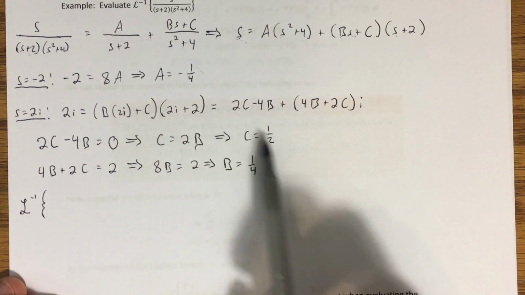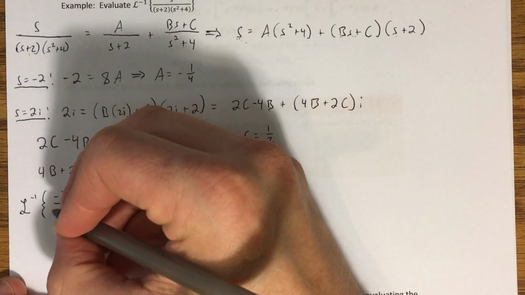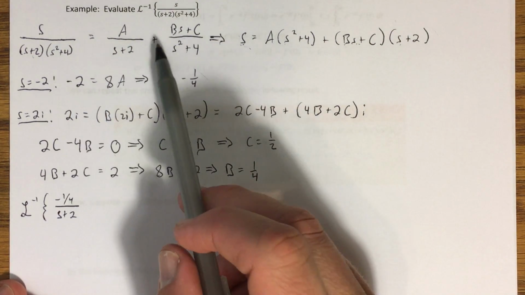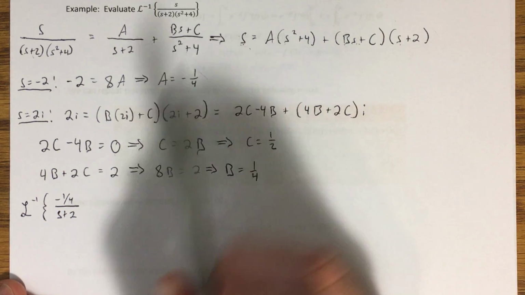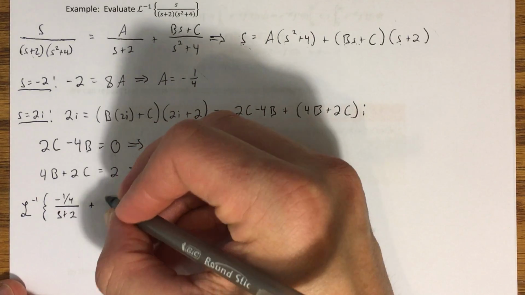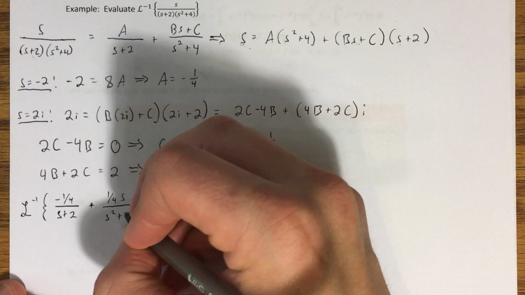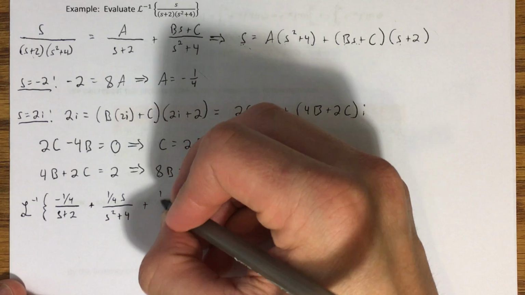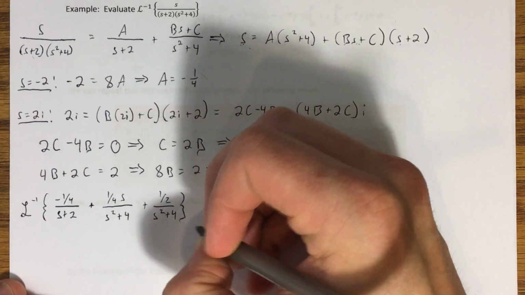A over s plus 2, where A is now negative 1/4, over s plus 2, plus, I'm going to break this up into two rational expressions, so I'm going to have a total of 3 here. Bs, B is 1/4, so this becomes plus 1/4 s over s squared plus 4, plus C, which is 1/2, over s squared plus 4.